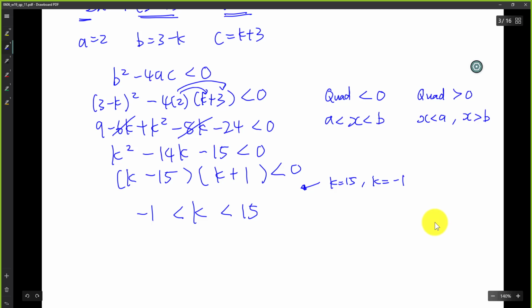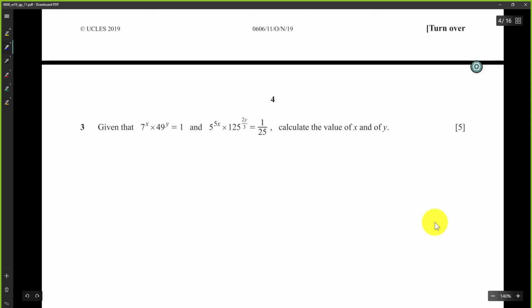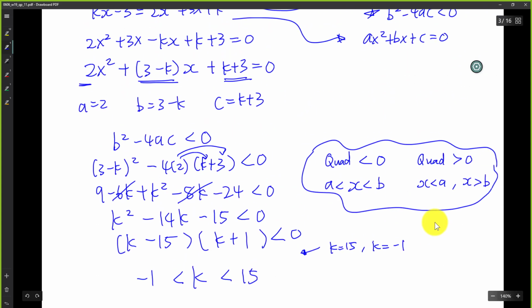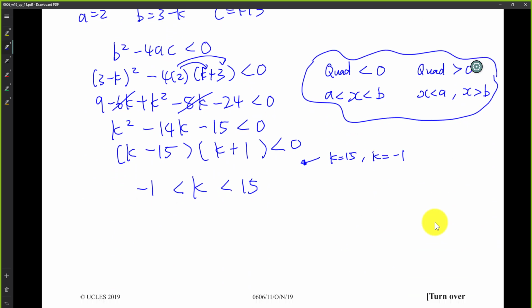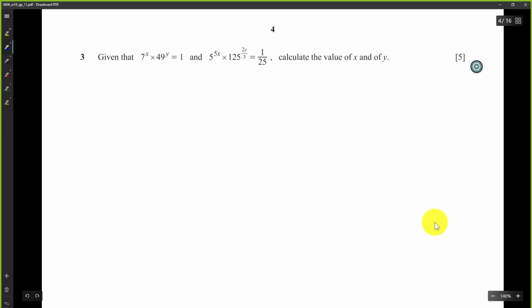Alright, this is the quadratic inequality thing, so you need to remember how to do it. You need to memorize it. Can you understand, right? Number 2 is quite easy. It's a quadratic function, so I guess you guys can do it.